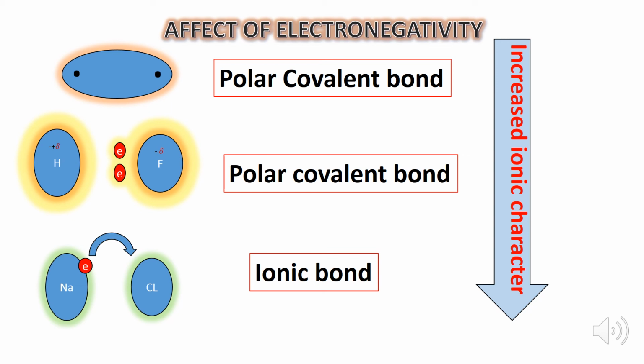As a result of this electronegativity difference, partial poles are produced, and there is an ionic character present in hydrogen fluoride. But as we go down towards the ionic bond, there is a complete transfer of electrons from one atom to another, as in sodium chloride.